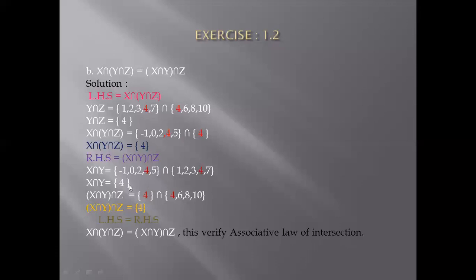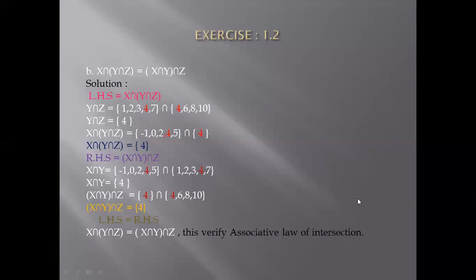Now we take the intersection of this with Z. 4 intersection, the elements of Z are 4, 6, 8, 10. And definitely your answer is 4. Again, you see that the left hand side and the right hand side are both equal. And this verifies the associative law of intersection. Is it clear to you?